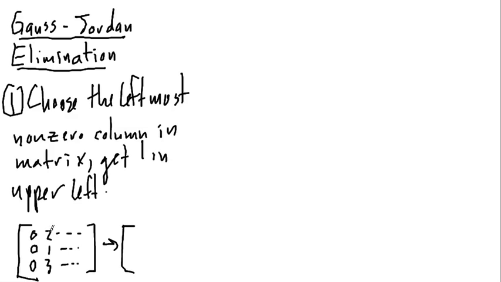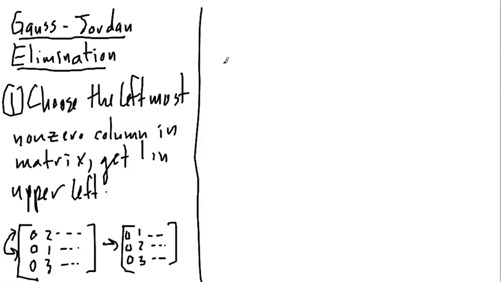So here I could swap the first two rows to get a 1 onto the top. Here I just swapped the first two rows. Or sometimes I'm forced to divide.